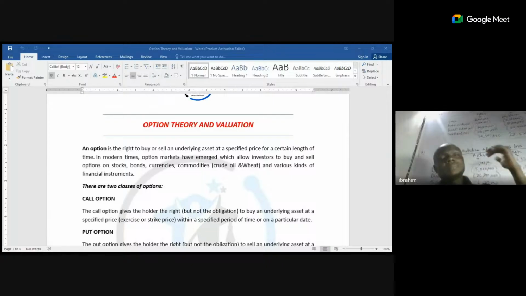An option market is different from the stock market. Option market is a place where investors hedge or protect their investments against the fluctuation of investment risk.